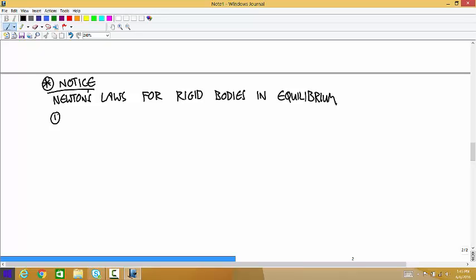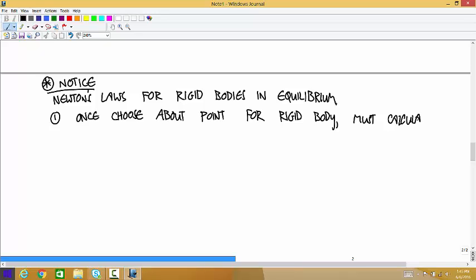First, once you choose the about point, for a rigid body, you must calculate moments about that same point for all the forces on the body.